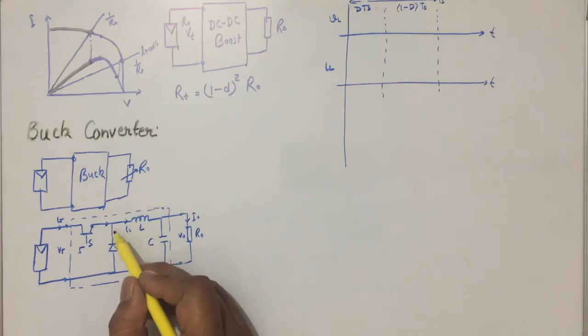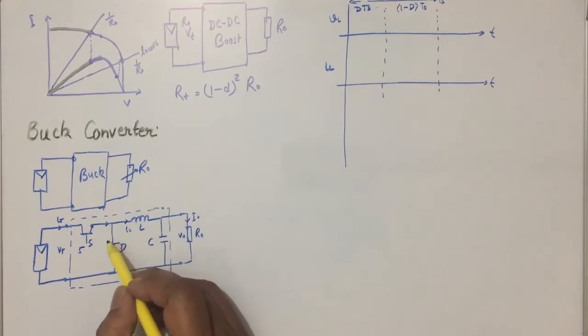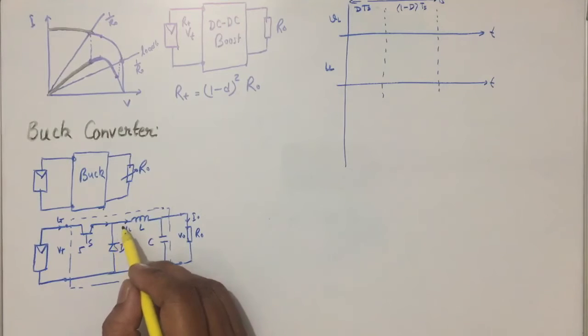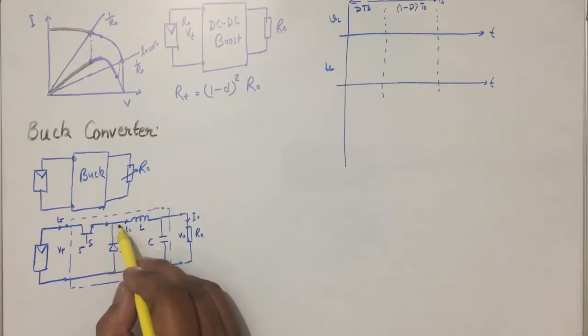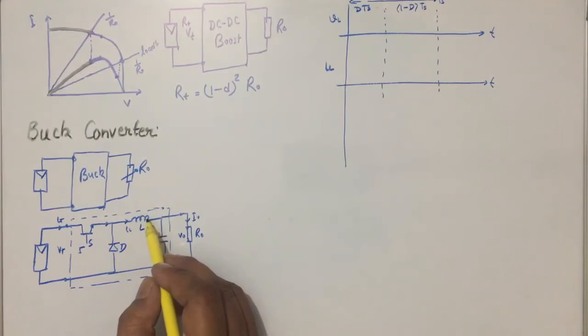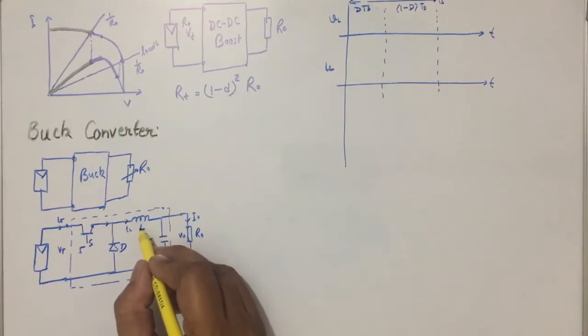At this point the diode is in reverse bias, as the current is flowing from here, it is positive, high potential, and this is low potential, so it is reverse bias. The current follows this path and the voltage across this is VL.